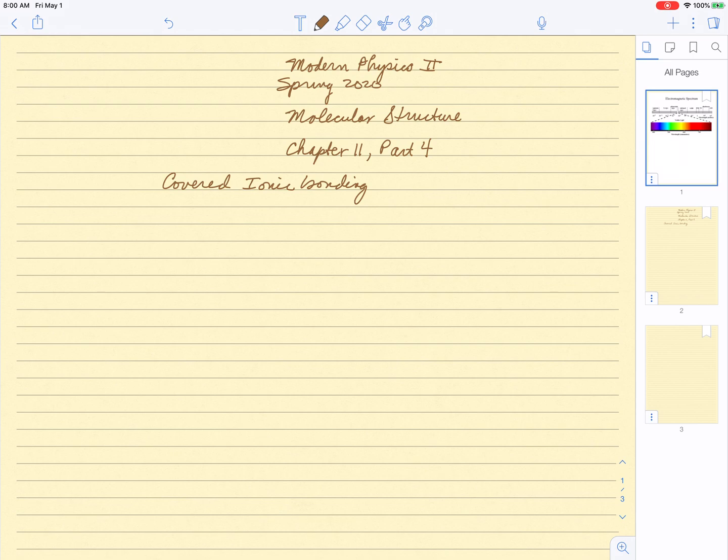So anyway, I want to take a look at some covalent bonding. And unlike in ionic bonds, where there's a transfer of an electron, here we have a sharing of electrons.